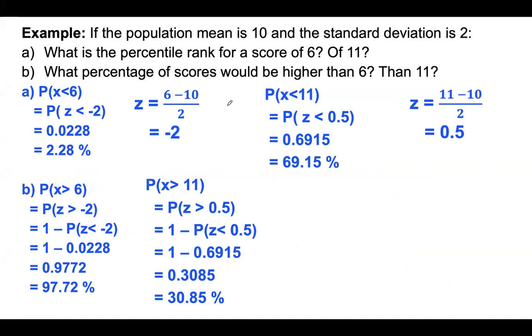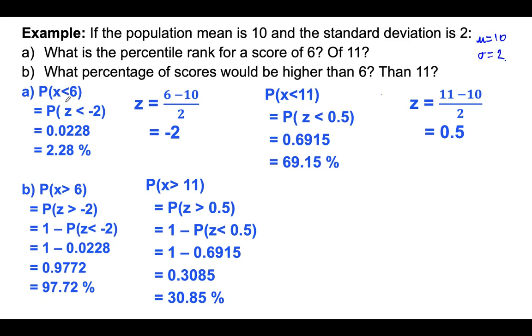And we can, of course, do more questions here. If the population mean is 10 and the standard deviation is 2, what is the percentile rank for a score of 6 or 11? So the mean here is 10, and the standard deviation is 2. What about a percentile score? This is a little different. We have the probability of X being less than 6.